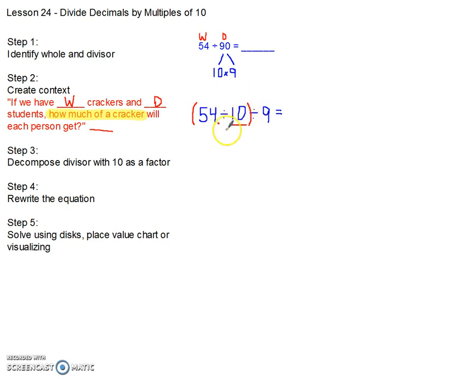And I know when I'm dividing by 10 that I'm moving my decimal to the left by one place value, because I have one 0. And so I'm left with 5.4 divided by 9.